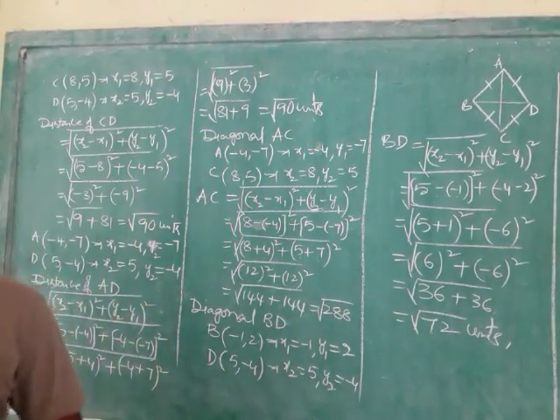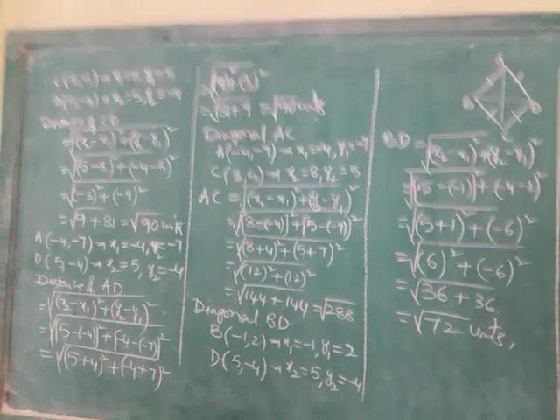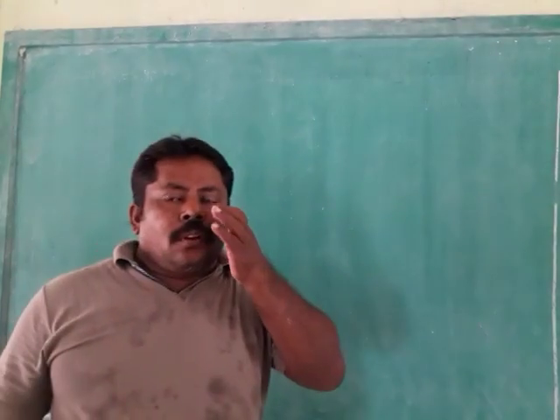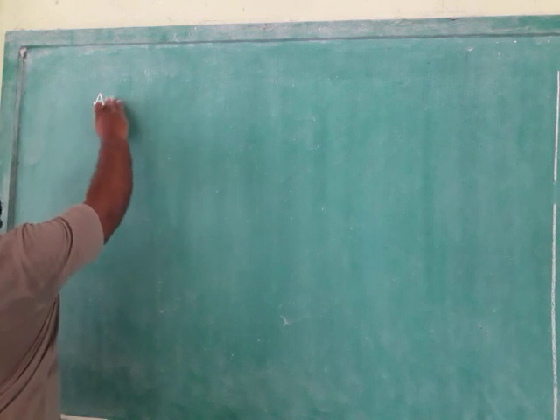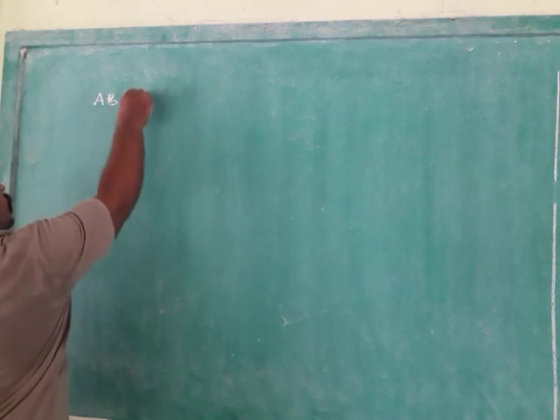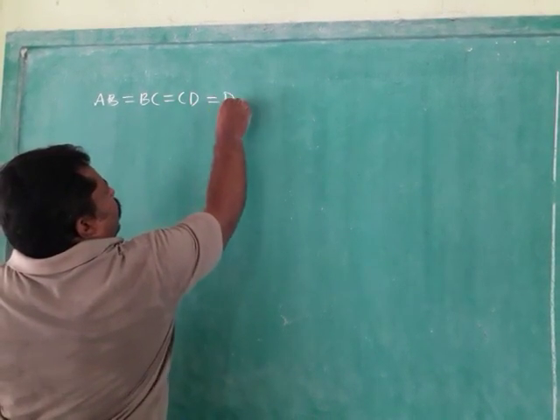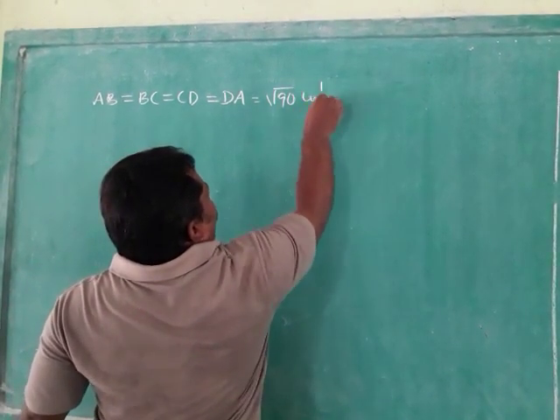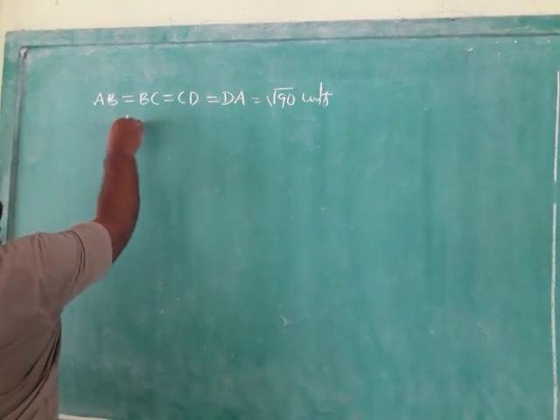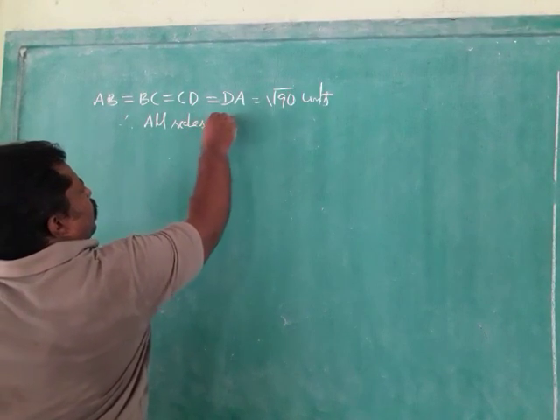Okay, now see. Therefore, we conclude that AB is equal to BC is equal to CD is equal to DA is equal to √90 units. Therefore, all sides are equal.